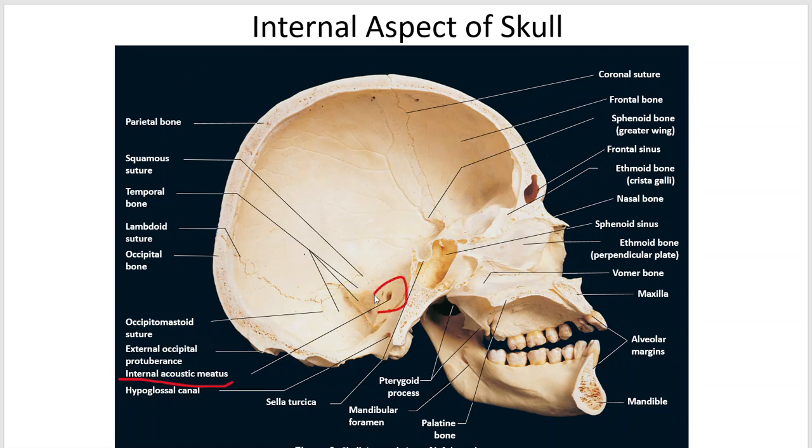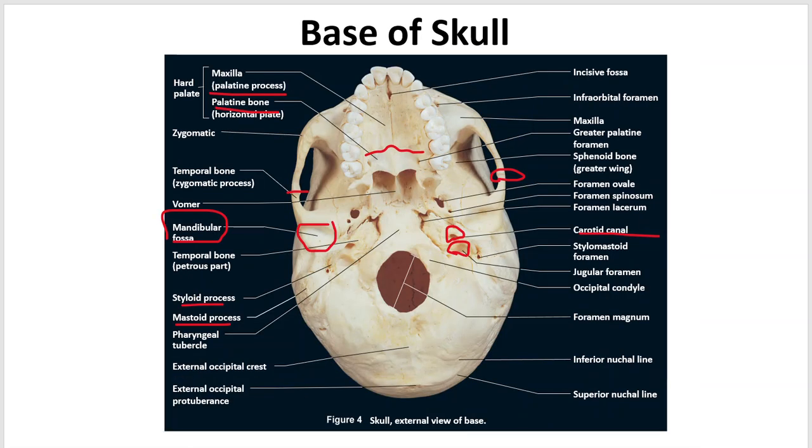That's what I should have showed you. Do you remember the external acoustic meatus? It's a canal that leads through the thickness of the skull. This is where it comes out. So that has got everything on the temporal bone.